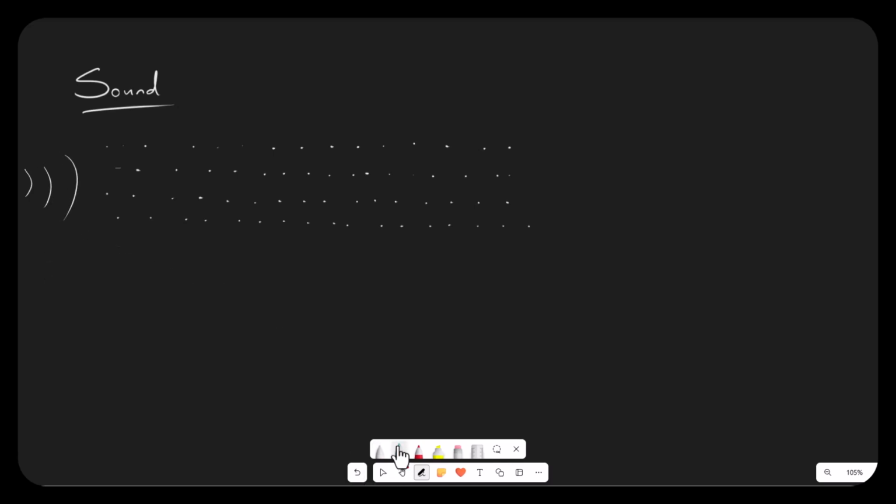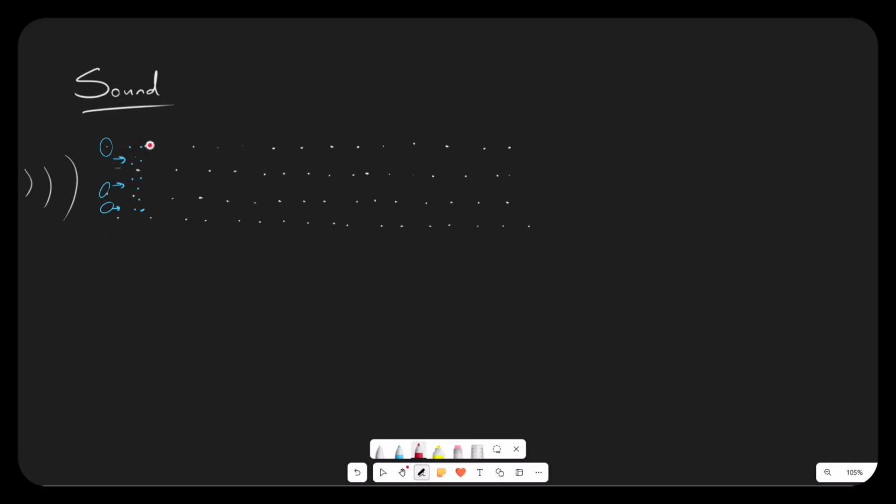What happens is some of these air particles will move this direction, but then they'll bounce back. So we're going to have, for a moment, these particles moving to the side. But then they're going to relax and kind of go back.